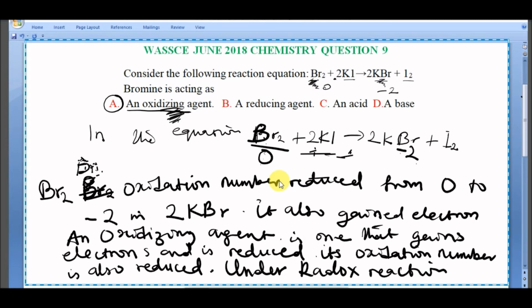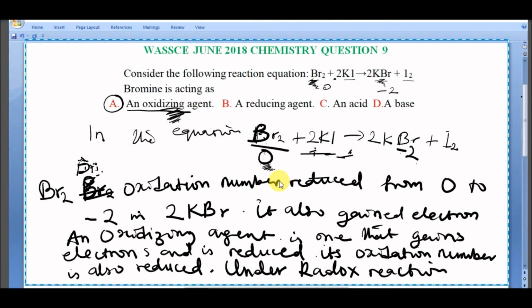So once there is reduction in oxidation number, we say that the reactant undergoing it is an oxidizing agent, because it gives its oxidation to the other reactant. So you check the oxidation number of the reactant you're talking about on the reactant side first.